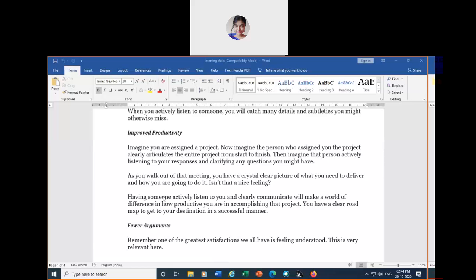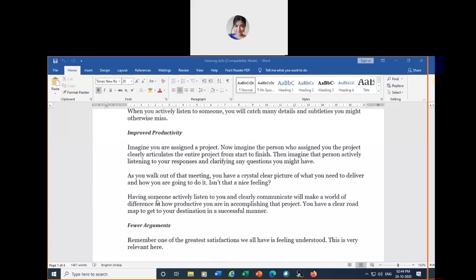But if you do not listen to the instructions or the information properly, then you will be confused and it is going to affect your productivity. If you listen, you will be able to improve your productivity. But if you do not listen, there will be a lot of confusion and doubt, so you won't be able to improve your productivity.